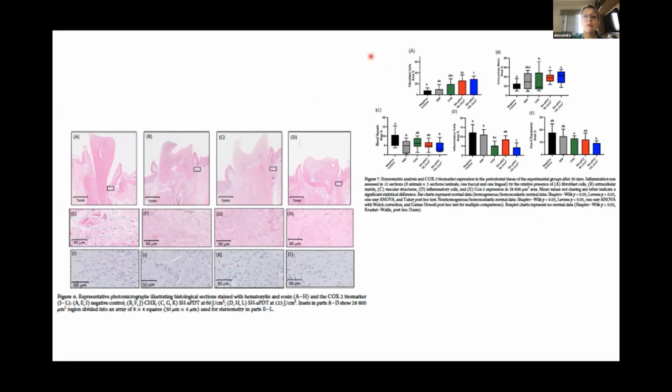Another interesting thing is that we could show that once we have the control of the biofilm, antimicrobial photodynamic therapy was also able to improve and to show some effect over the healing of the soft tissues through the time that we evaluate.